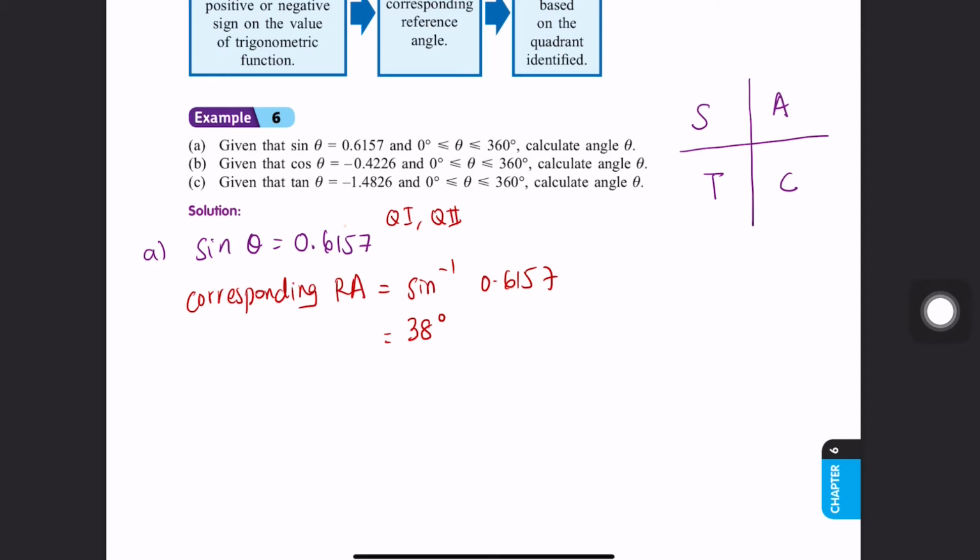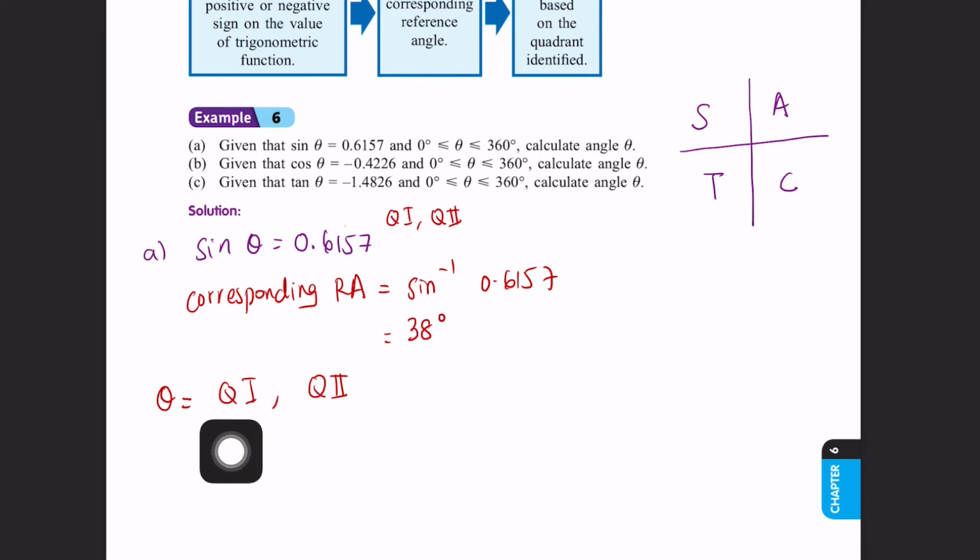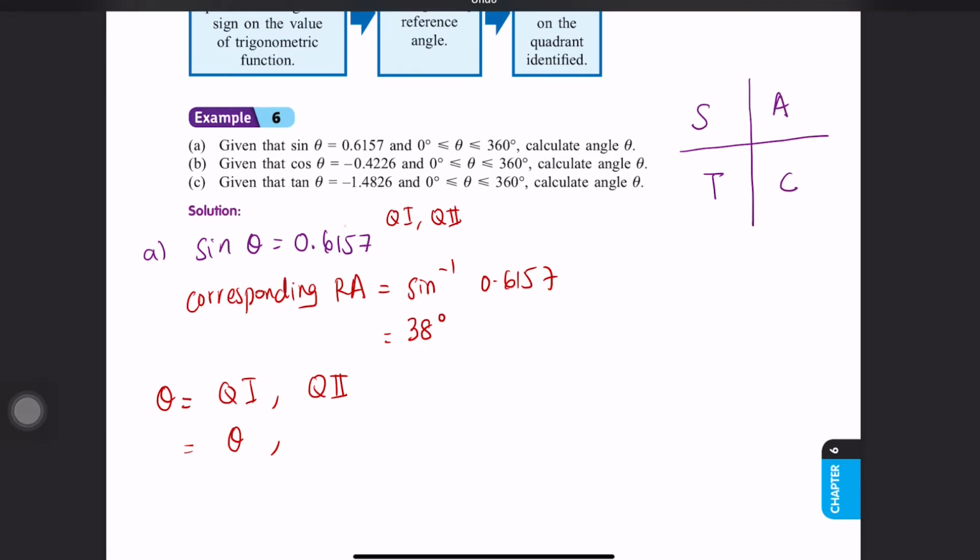So theta sebenar kita, over here awak dah identify quadrant 1 and quadrant 2. So you will have 2 values, sebab dia kata 0 until 360, so ada 2 lah. So apa formula first quadrant? Formula first quadrant is theta only. Second quadrant, 180 minus theta.